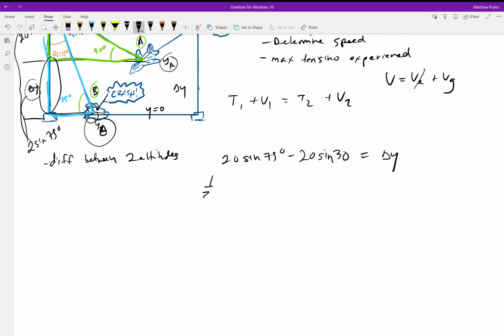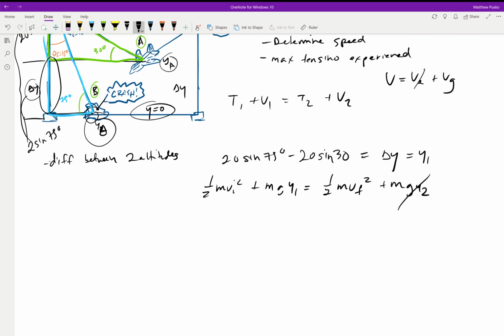So here we go, 1/2 m v initial squared plus m g y initial, or we could do delta y, we'll call it y1. And this is going to turn into some 1/2 m v final squared plus some m g at y2, and we called y2 0. Cross it out.